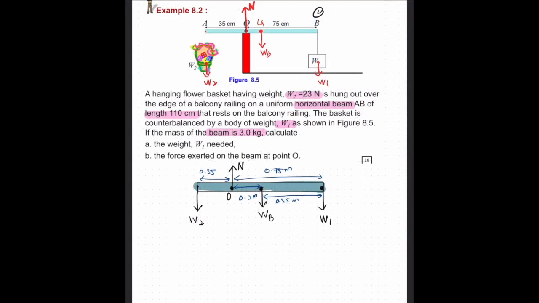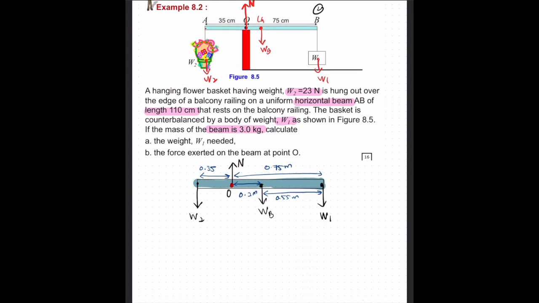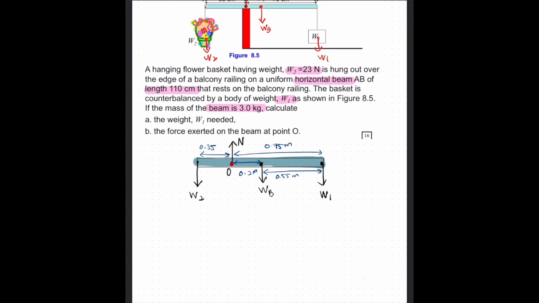For question B, calculate the force exerted on the beam at point O. Point O is here, which means this question needs us to find force N. We use the first condition of a rigid body, total Fy equal to 0, because we only have forces on the y-axis.